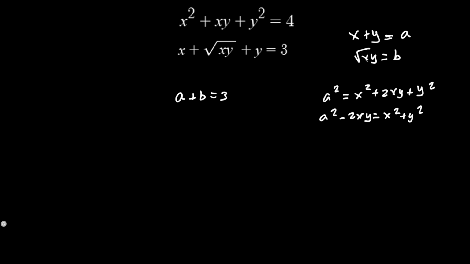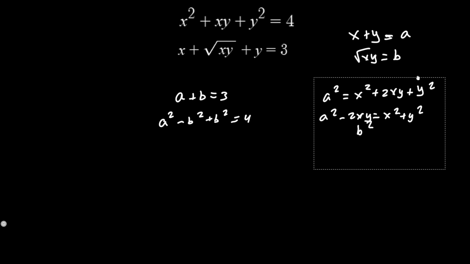And we know that xy is b squared, so we could write this as b squared, right? So we have a squared, and then we have minus b squared plus b squared is equal to, since it is equal to 4, we'll just leave that as 4. Okay?